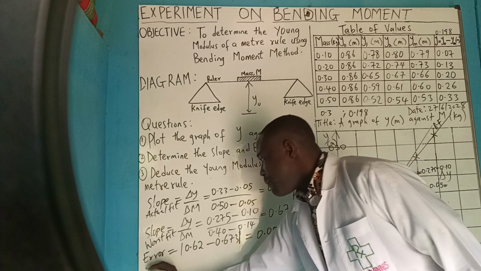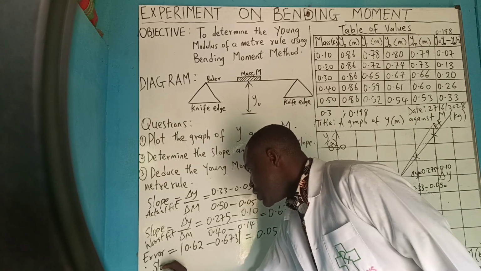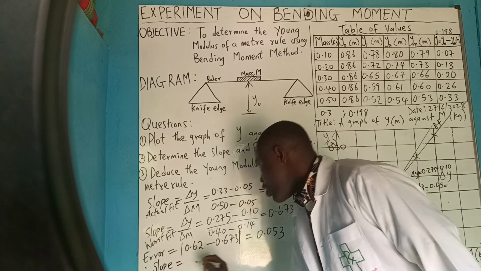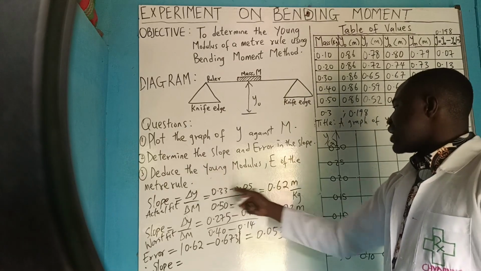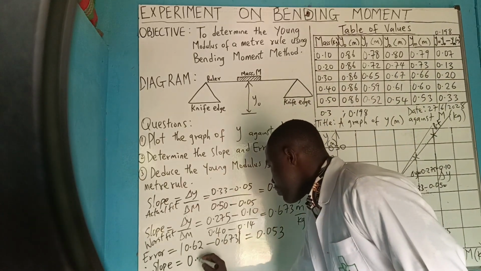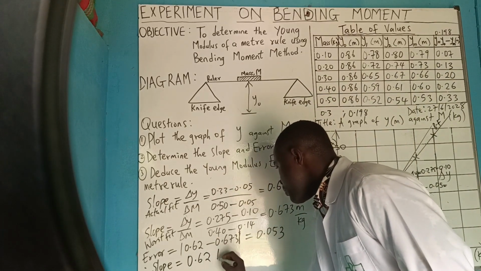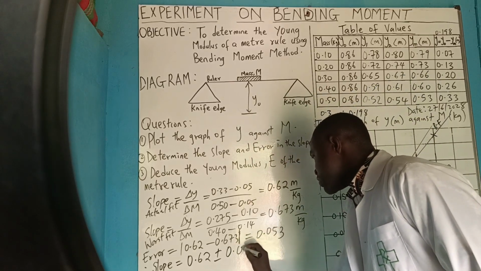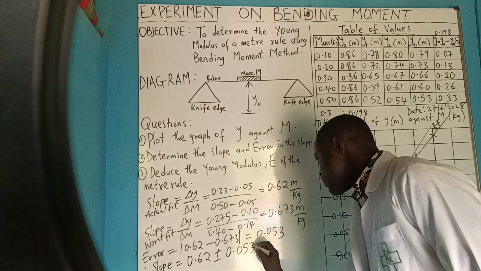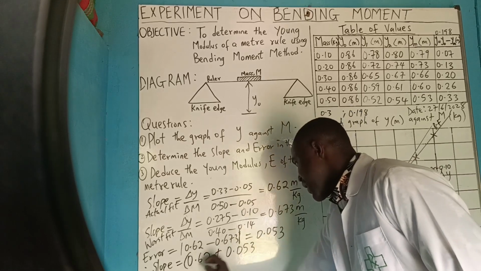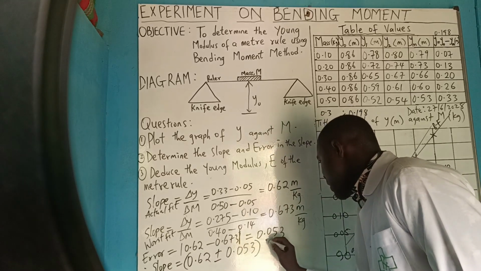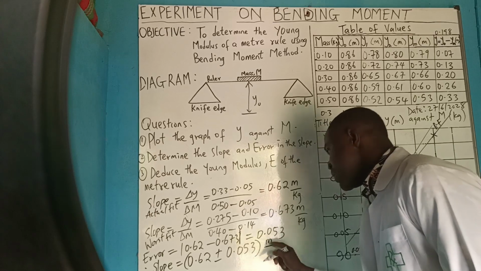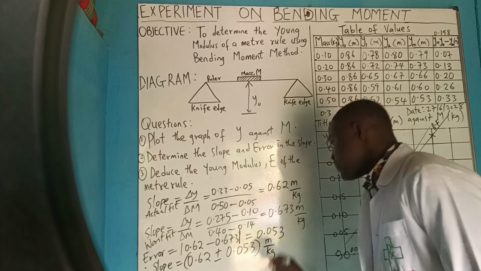That means I will package my slope this way. Slope equals, what is the actual slope? 0.62 plus or minus 0.053. I'll bracket it like this, and say it is meter per watt kilogram.